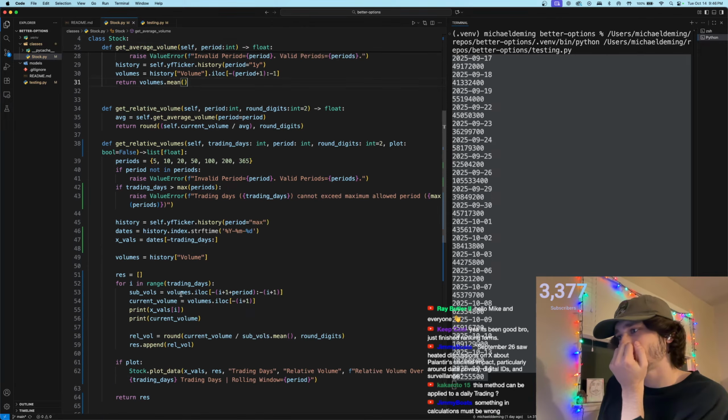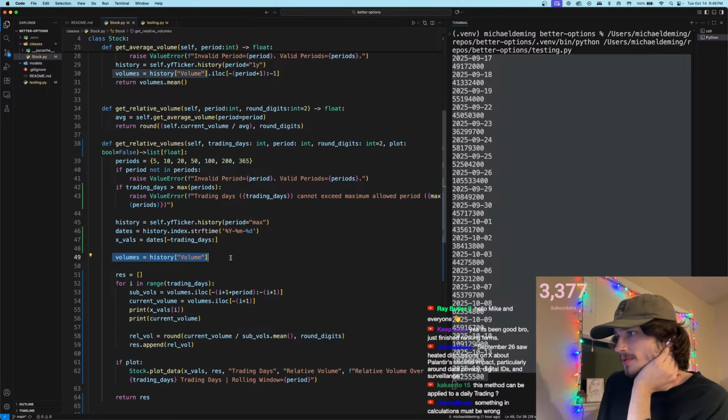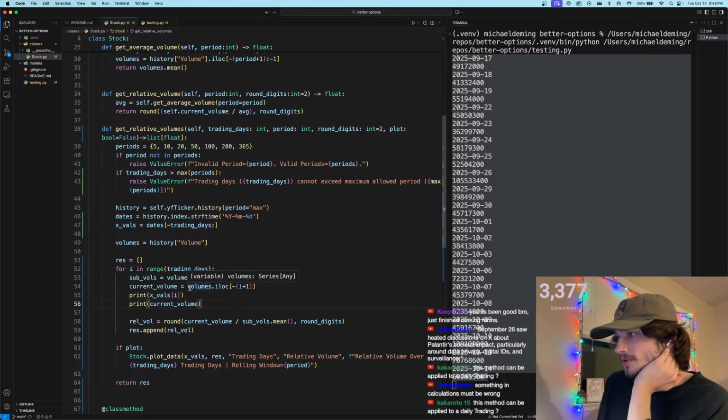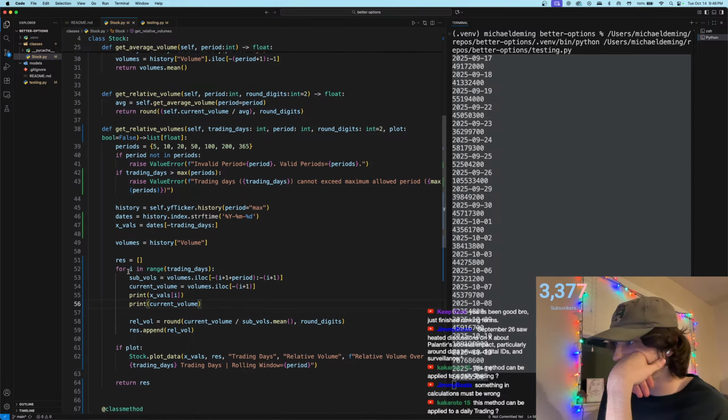So we're getting the history, and then we're getting the history's volume. And then my current volume is equal to volumes.iloc of the current value of i plus 1, negative. So if we're on 0, it'd be negative 1, so we're going to get the last volume in the volumes.